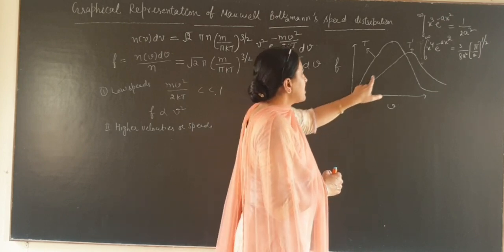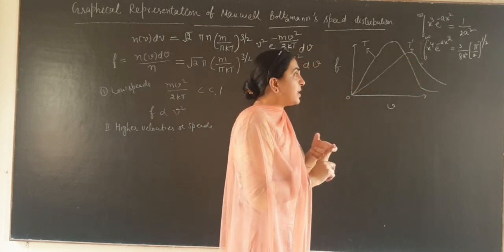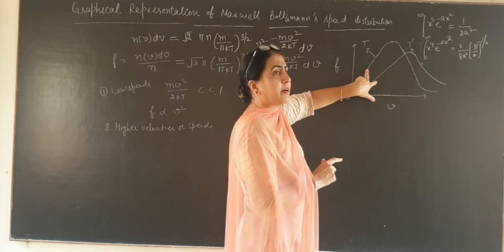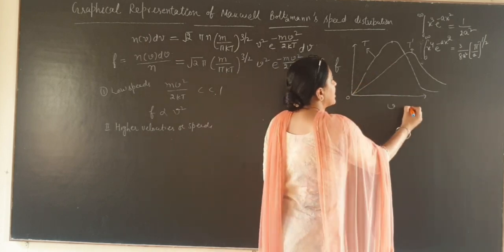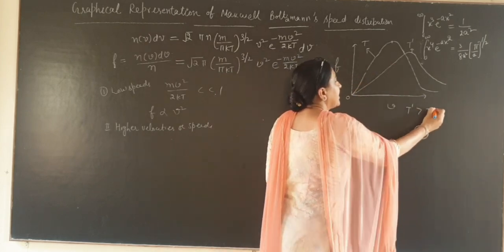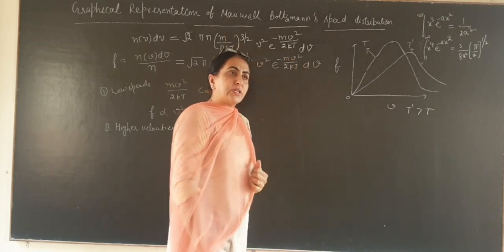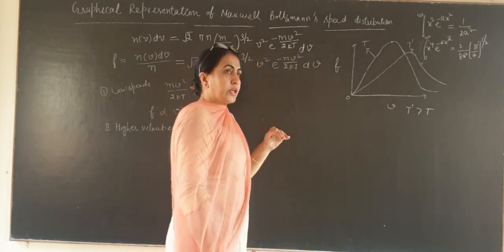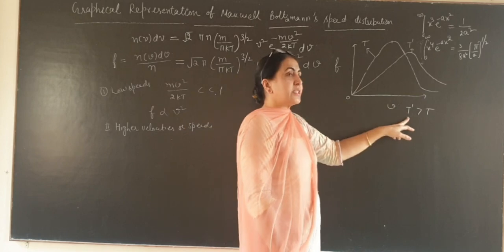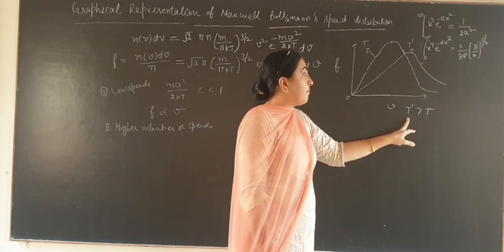This graph is also like this, but the difference between these two graphs is that temperature T dash is higher than T. So what do we conclude from this?